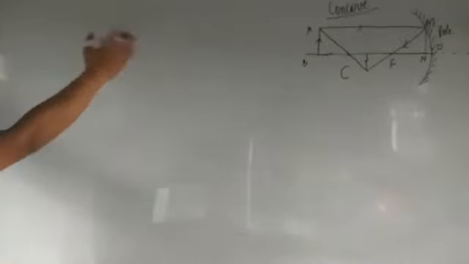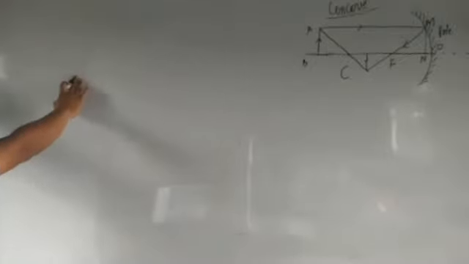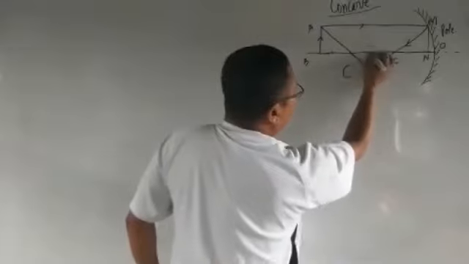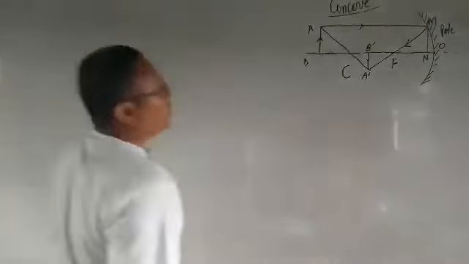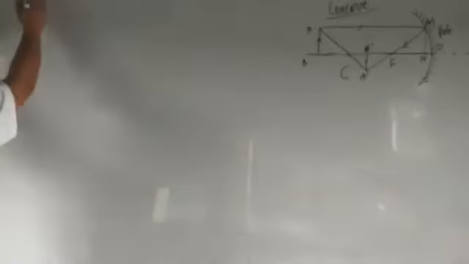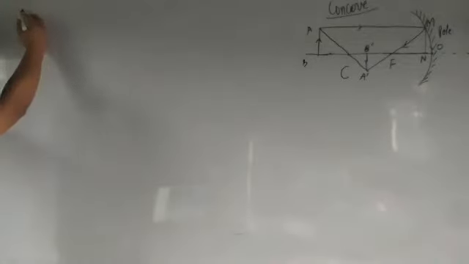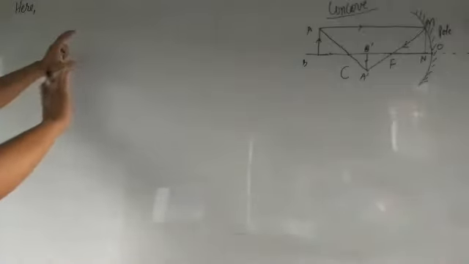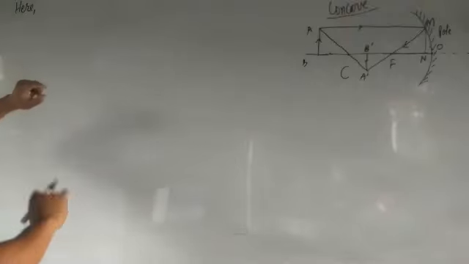So here AB represents the object, and the image is A dash B dash. I'm going to make it very simple and keep it short. I'm not going to write the details of the image formation. I'm just going to bring in whatever we have in the figure.